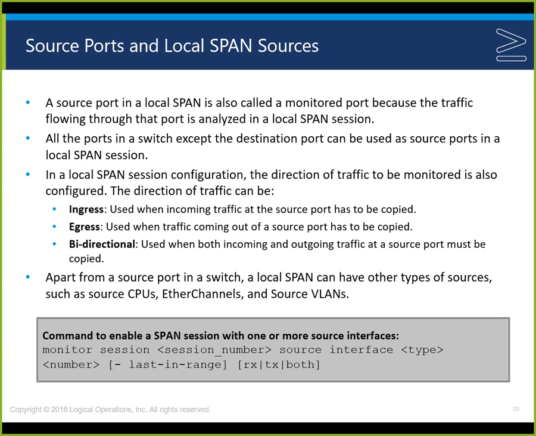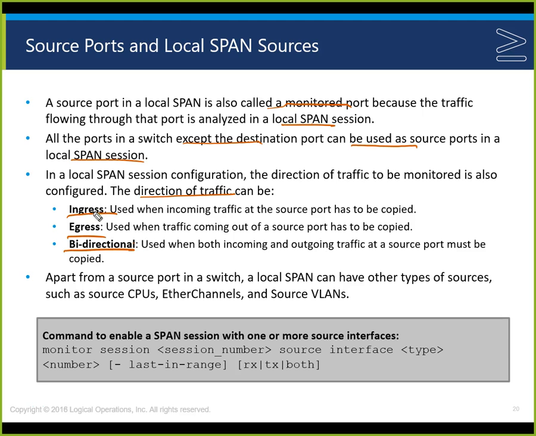Let's see, a source port on the local SPAN is also called a monitor port, because the traffic flowing to that port is analyzed in the local SPAN session, and all ports in the switch except the destination port can be used as source ports for the SPAN session. In the local SPAN session, the direction of the traffic being monitored is also configured, and can be ingress, egress, or bidirectional.